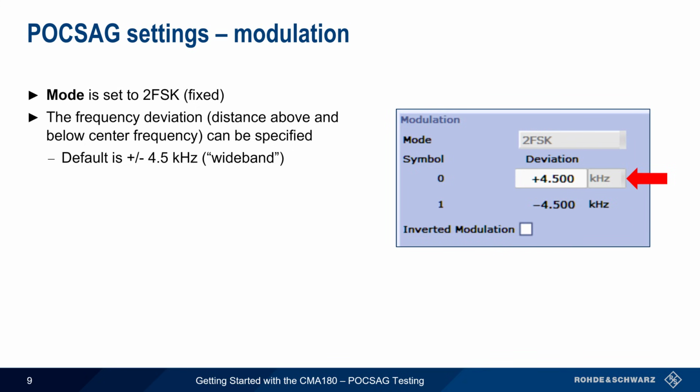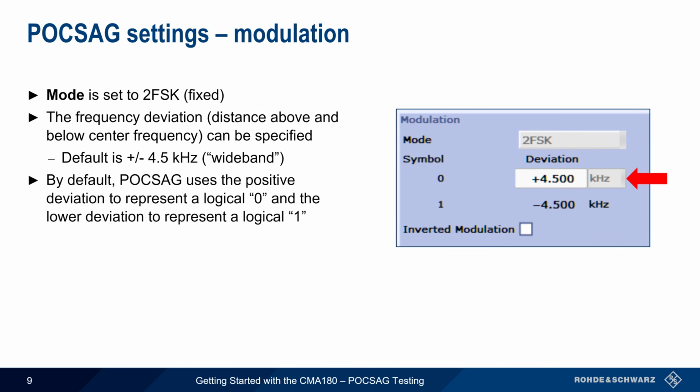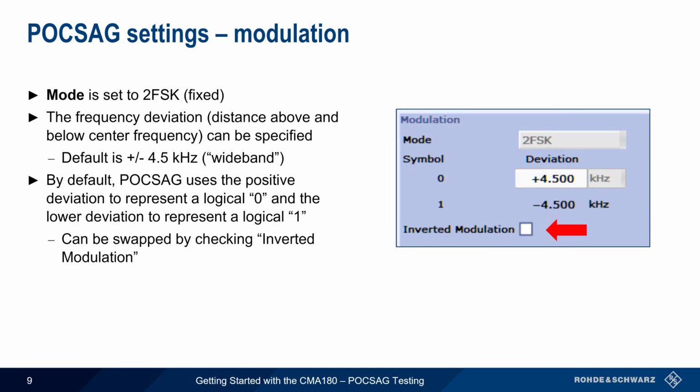It's also important to note that POCSAG normally uses the positive deviation to indicate a logical 0, and a negative deviation to indicate a logical 1. This is the opposite of most 2FSK systems. The inverted modulation checkbox can, however, be used to swap the interpretation of these two symbols.